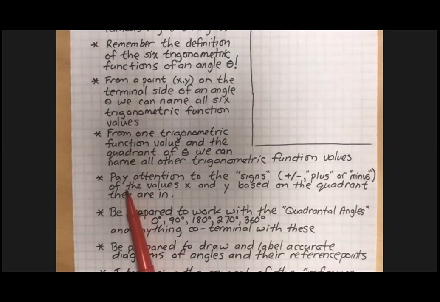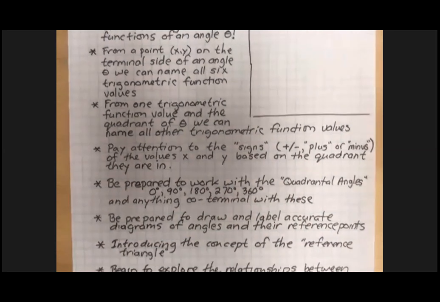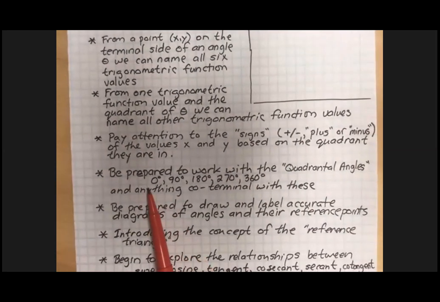Since we've chopped up our plane into 4 quadrants, make sure you pay attention to the signs, S-I-G-N-S, plus or minus, of the X or Y values. That depends on the quadrants that the points are in. You also need to be prepared to work with these special angles that are not in any quadrant.